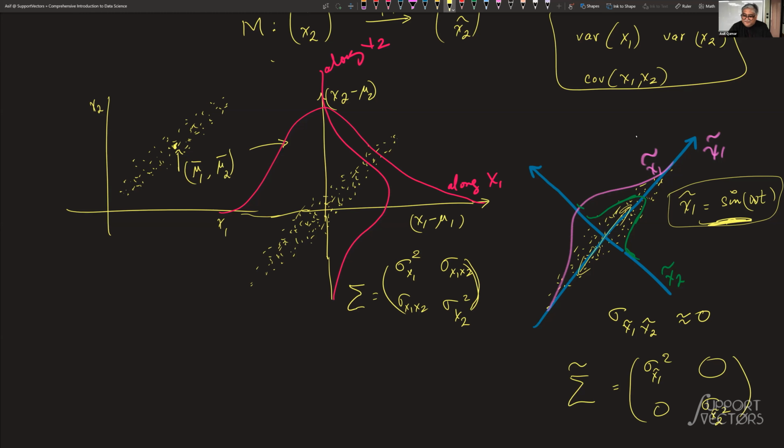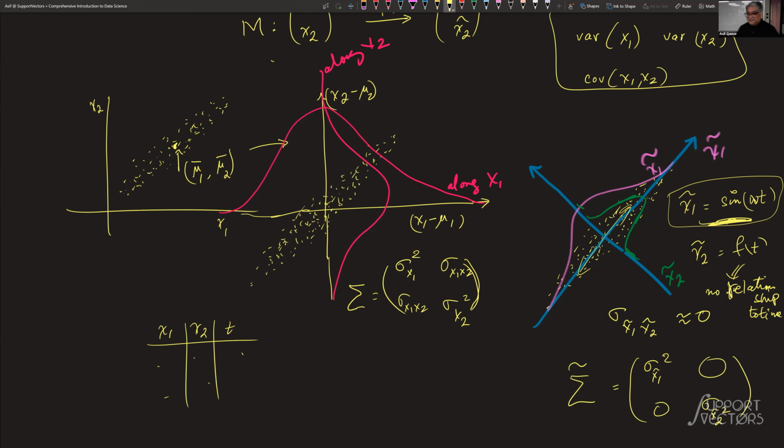So in other words, when you do x2 tilde as some function of t, you will not discover any function, no relationship to time. Suppose your data is x1, x2, and now let's bring in the other dimension also, time.